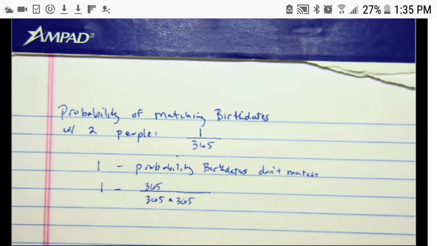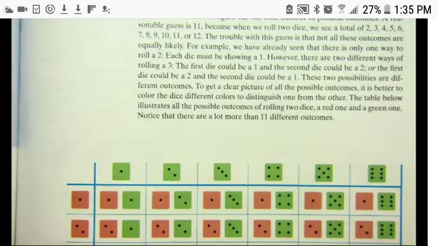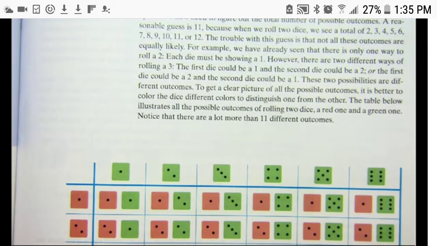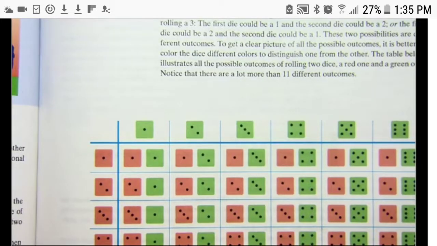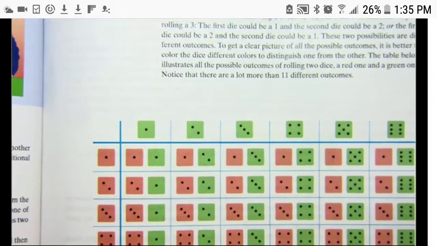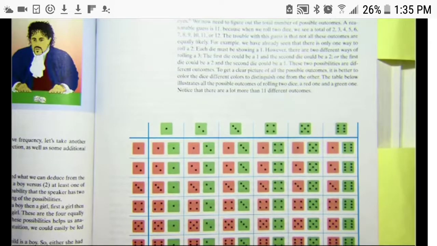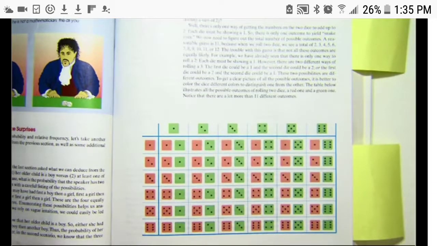So the ones that aren't pairs, the first person can have any of 365 days. Okay, so again, reviewing with the table, the first dice with one dot on it you can think of as January 1. The dice with two dots you can think of as January 2nd, and think of this going all the way across, 365 days across and 365 days down.